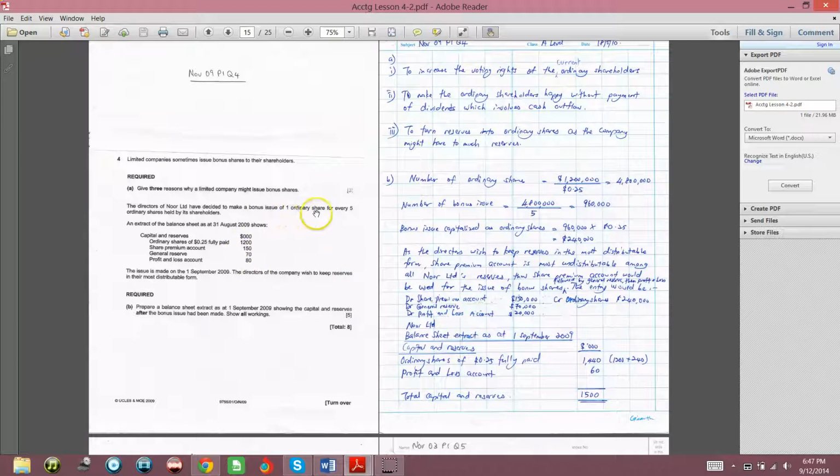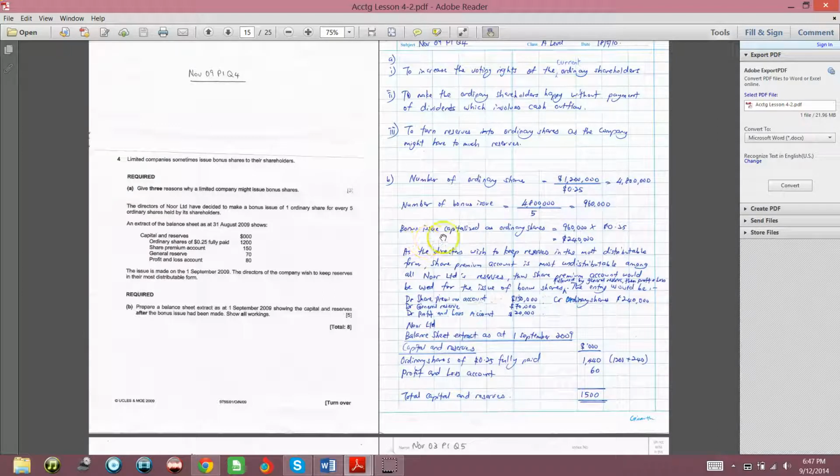The company made 1 bonus issue for every 5 ordinary shares held. So how many shares is the bonus issue? 4.8 million divided by 5, so the bonus issue is 960,000 ordinary shares.